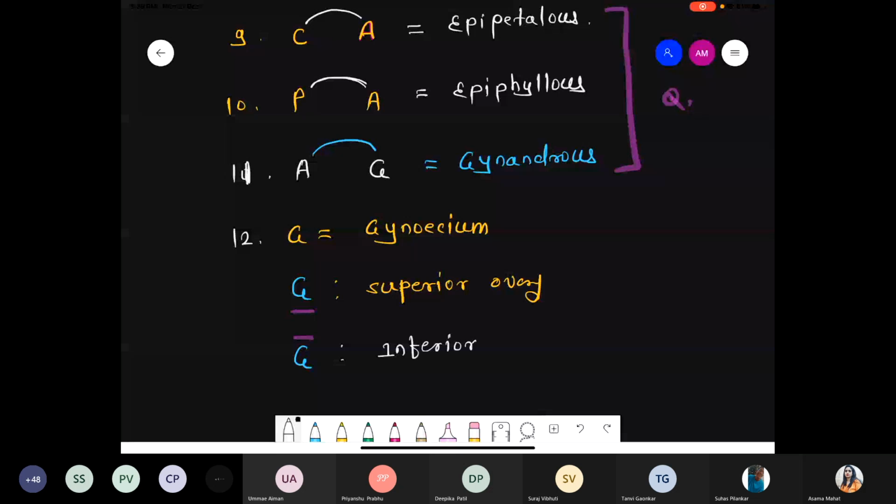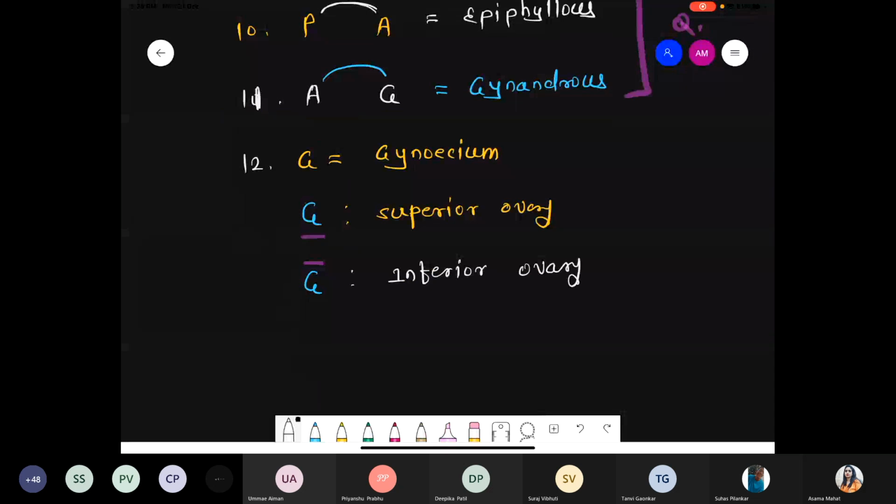For half superior and half inferior, there is no symbol. We have only two symbols, one for superior and another for inferior. Okay? In case of the gynoecium, on the basis of whether it is free or fused, capital G and N is present.